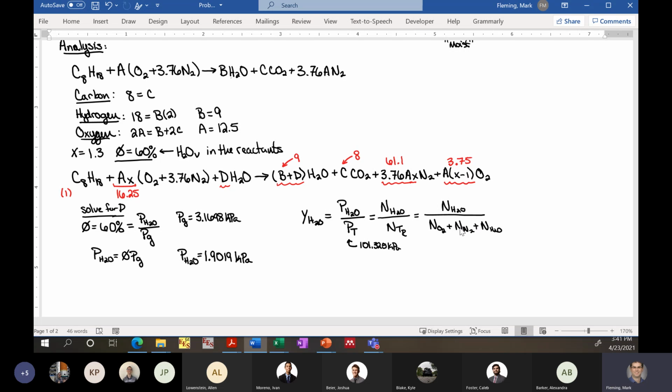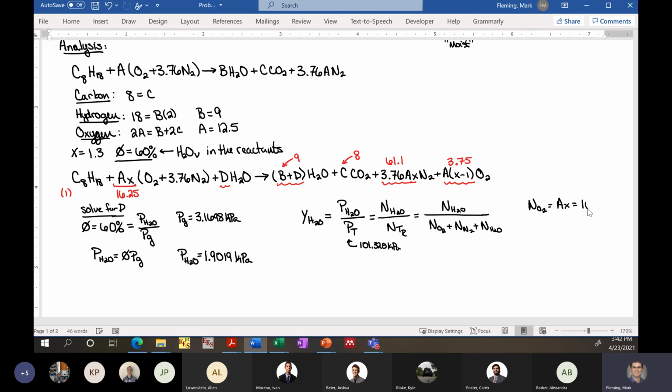And we said, do we know any of the number of moles for O2, N2, or H2O? We're probably going to have to look for the number of moles of H2O because that's what we don't know. But do we know anything about O2 or N2 that could help us? If we go back up to the stoichiometric balance, we're doing this for 1 kmol of fuel, so we can substitute that NO2 would equal A times X, which is just the amount of oxygen coming in.